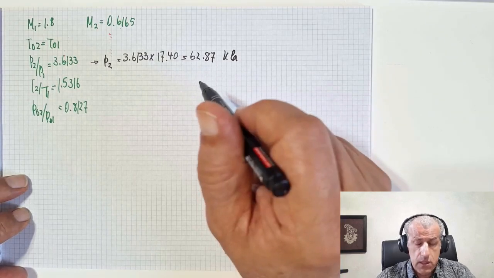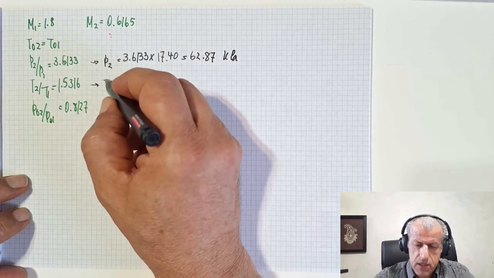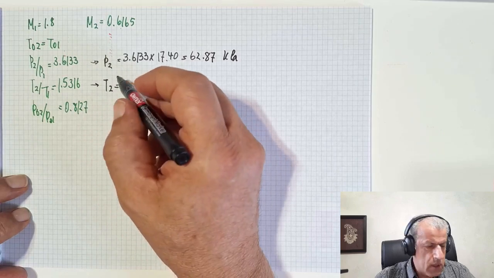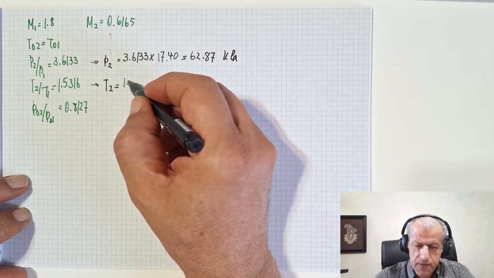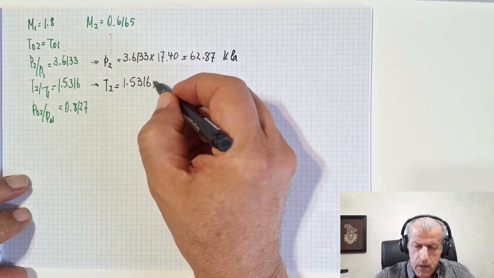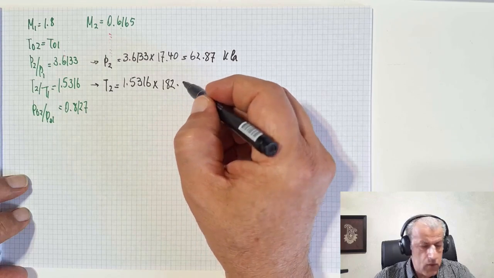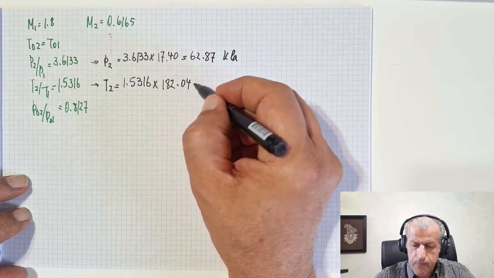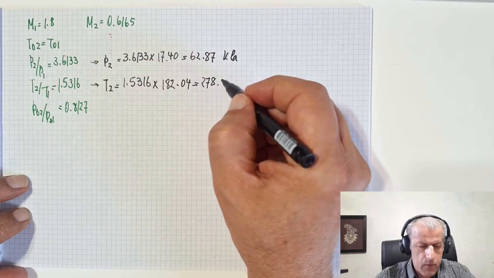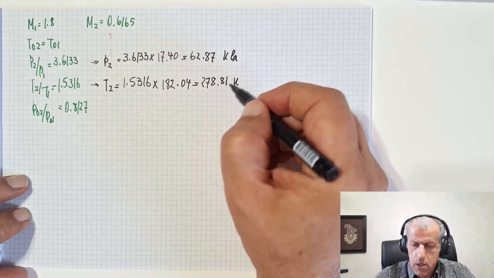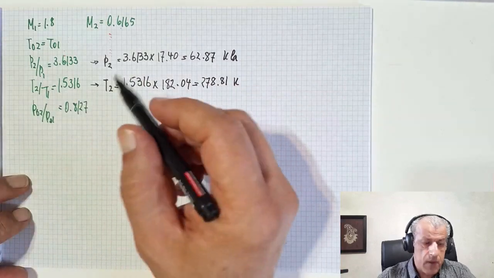and that's an excellent achievement which is quite used in industry. Now, T2, the temperature after the shock wave, equals 1.5316 times the temperature before the shock, which was 182.04, and that equals 278.81 Kelvin. That's the static temperature after the shock wave.